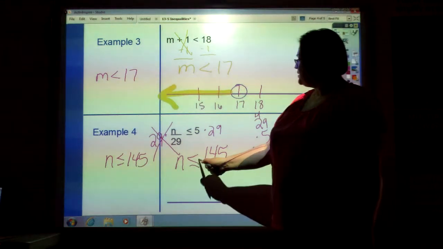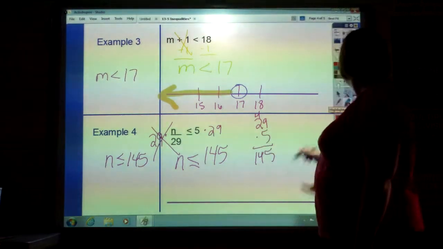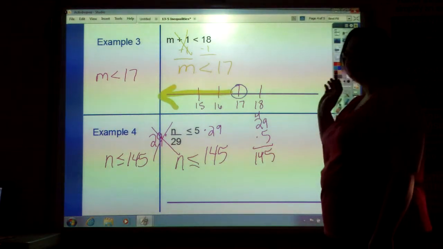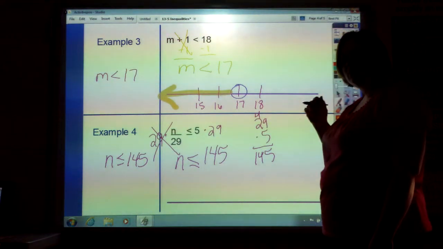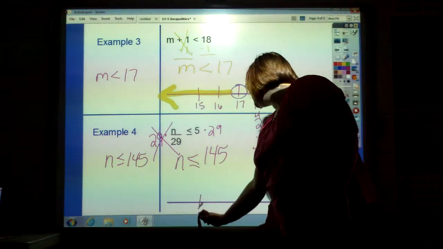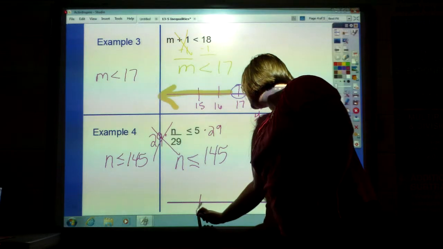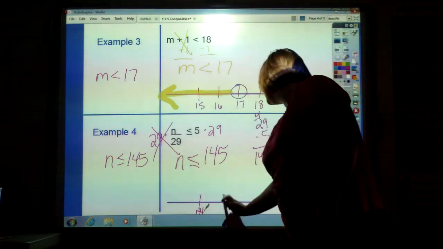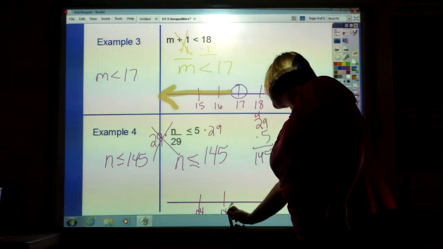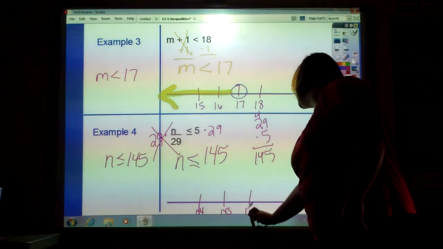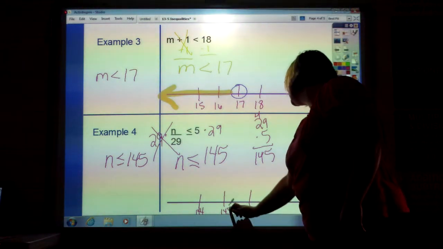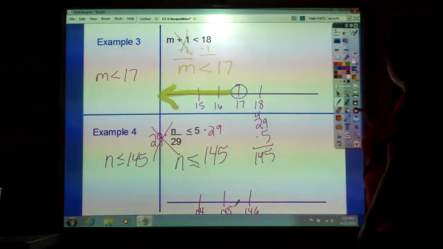We have less than or equal to, so what kind of circle do we need to put at 145? Is it going to be open or closed? Let's put 144, 145, 146. Okay.